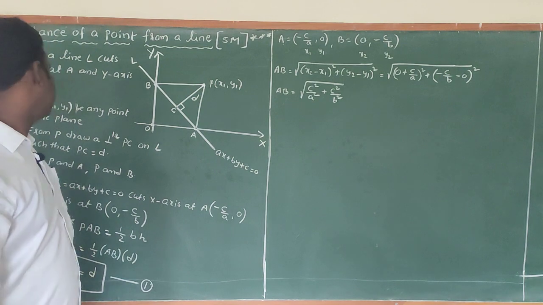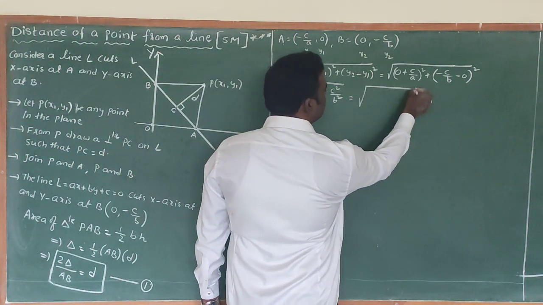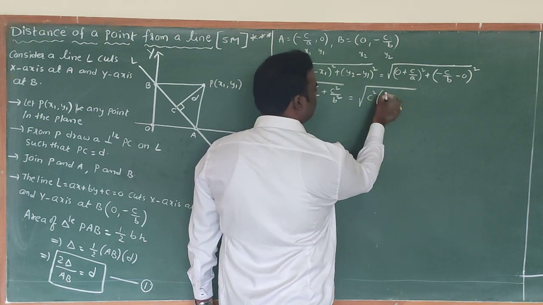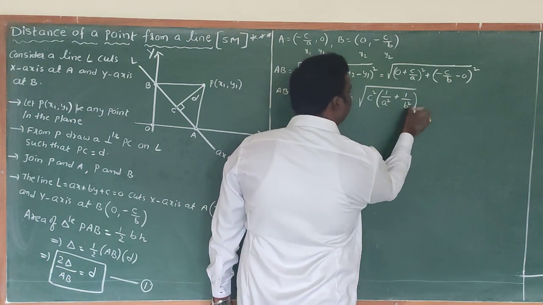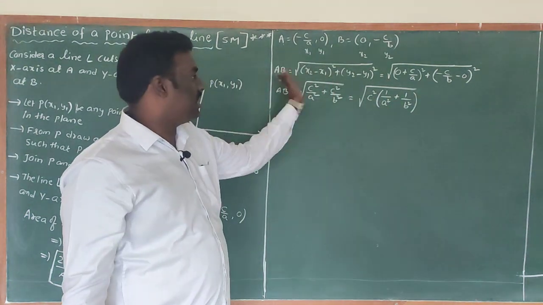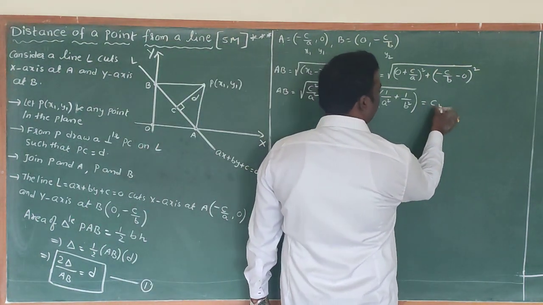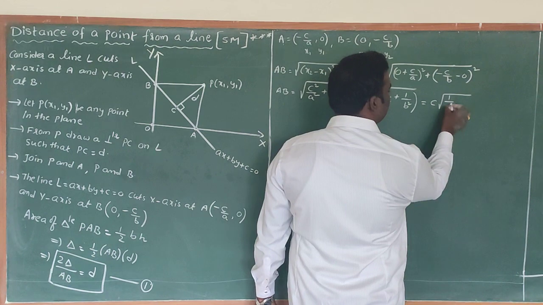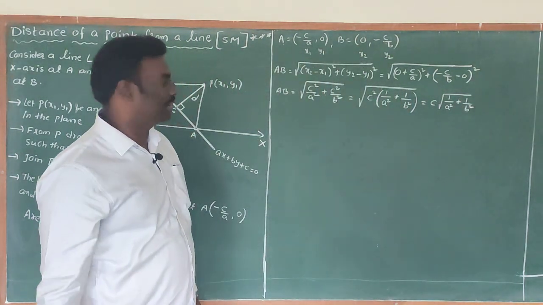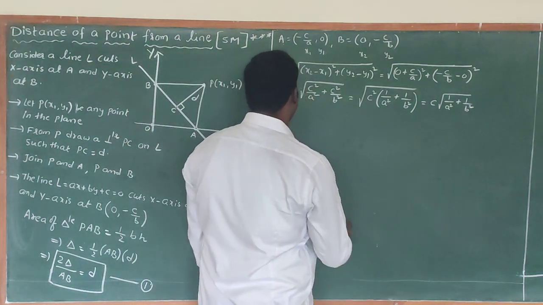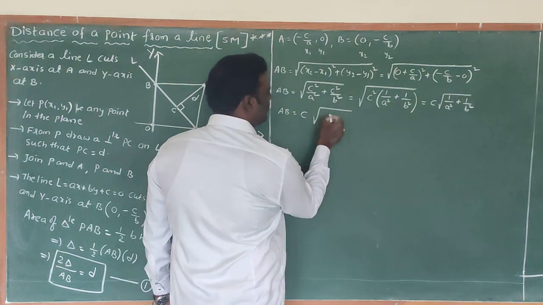Now can I take C square common in the root? Yes. If you take C square common, then what you will get? 1 by A square plus 1 by B square. If C square comes out of the root, square and root cancel, that is nothing but C, into root of 1 by A square plus 1 by B square. Okay. Now if you take LCM, AB is equal to C into, LCM is what?